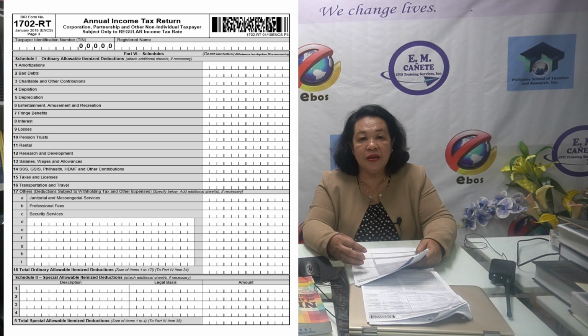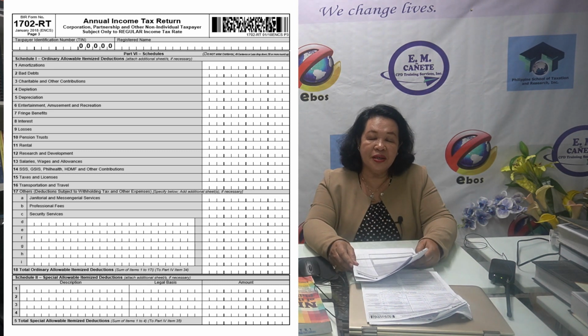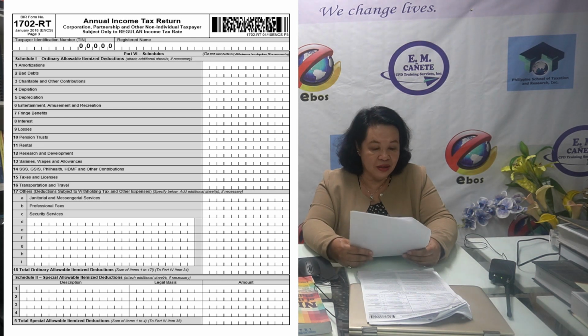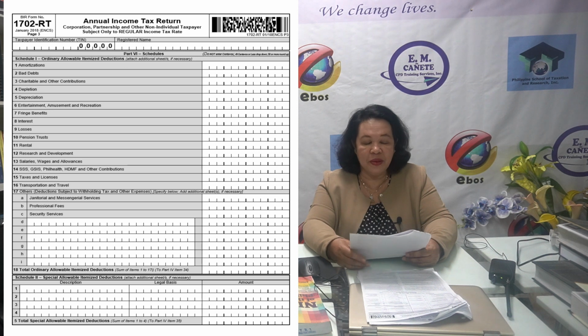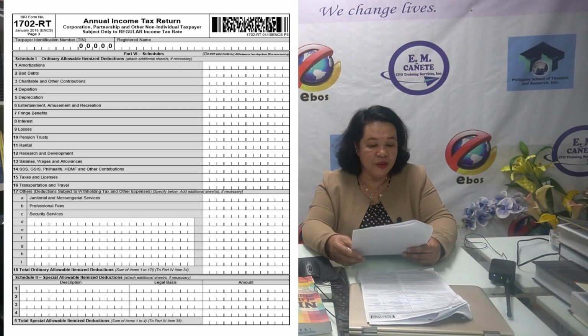If it will benefit future years, then it should be amortized. There are so many issues on research and development now, especially if it will develop a new asset, so we will cater to that in some other discussions. But for me, research and development is very crucial for the improvement of the company, especially when it comes to the development of its product.